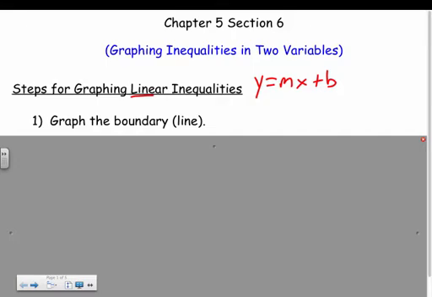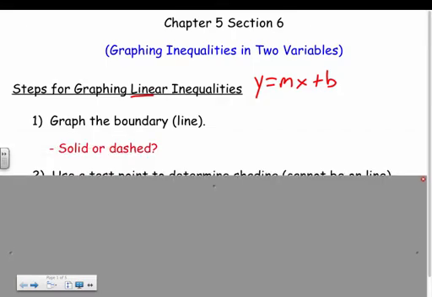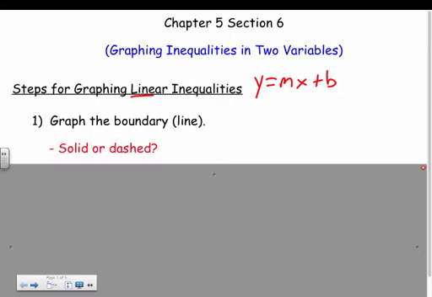Well, there's two ways I can graph this. I can either have a solid or a dashed line. Every single time we graphed it before, it was a solid line, and it was because it had an equal sign for slope-intercept form. Now I'm going to have an inequality sign.